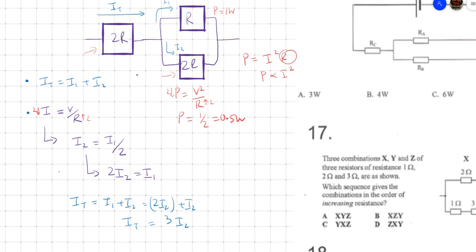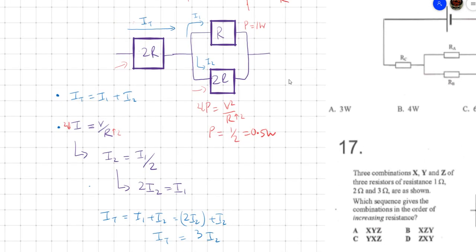Now, this IT is actually 3 times I2, so we are multiplying this I2 by 3.